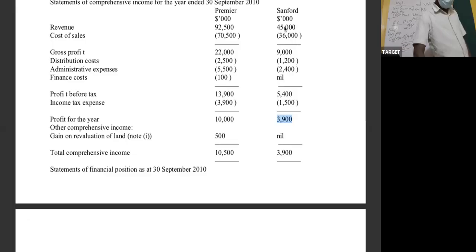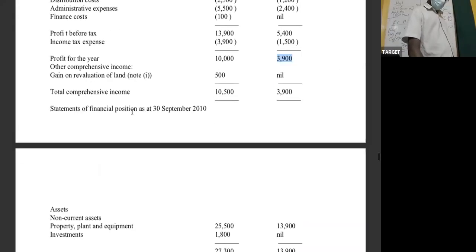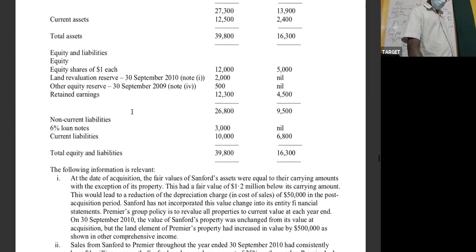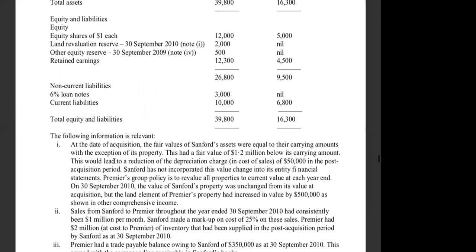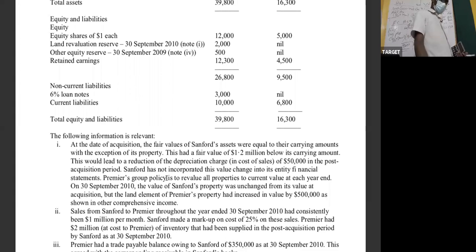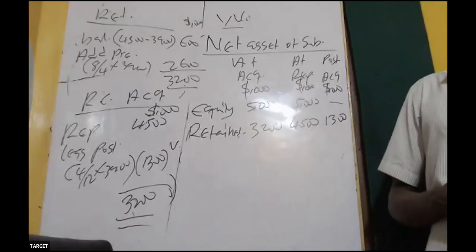Note 1, I think, yes. At the date of acquisition, the fair values of Sanford assets were equal to their carrying amount, with the exception of an item of property. These are the fair value of 1.2 million below its carrying value. Stop there, below its carrying value.